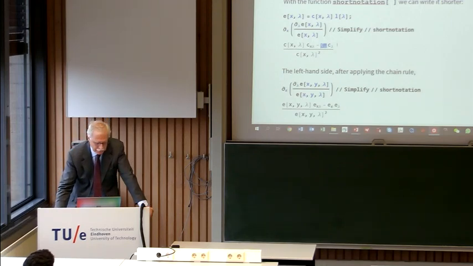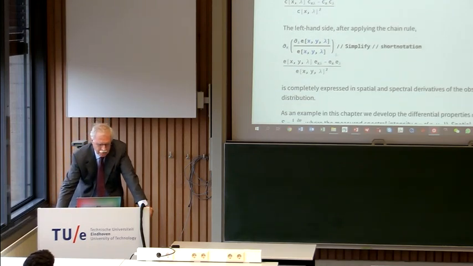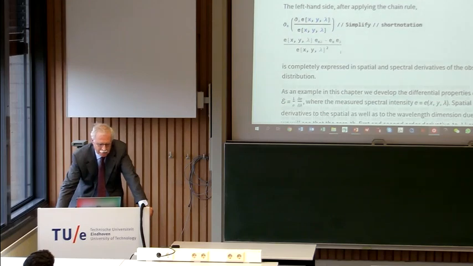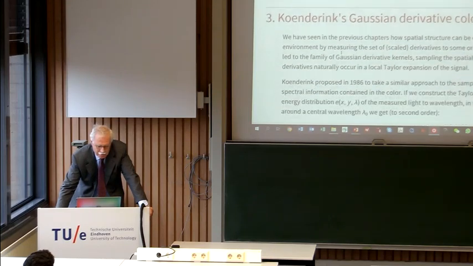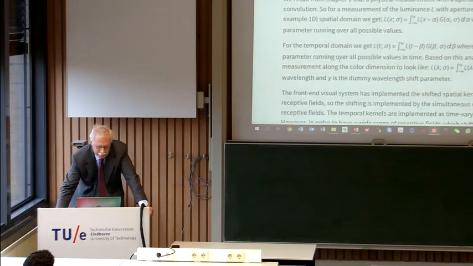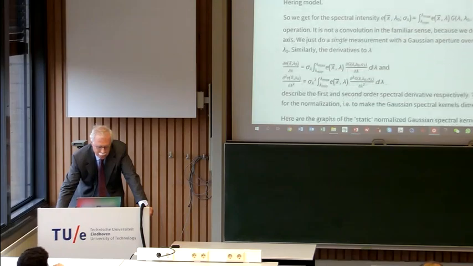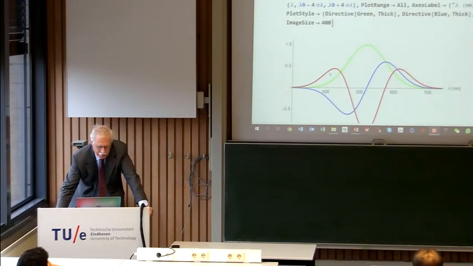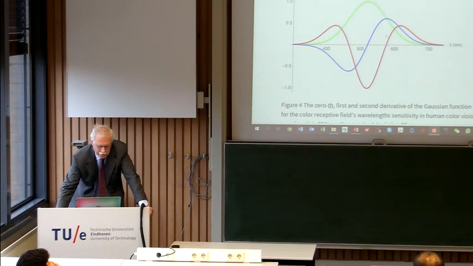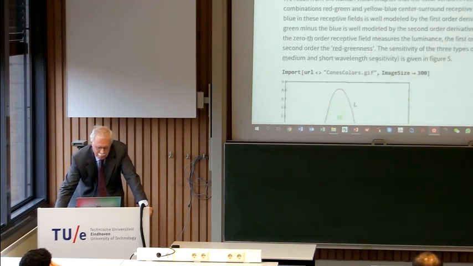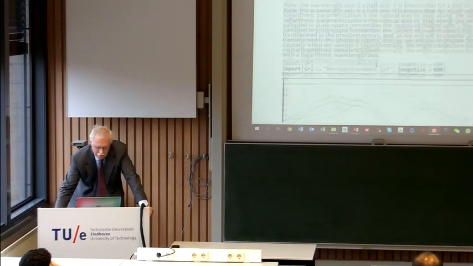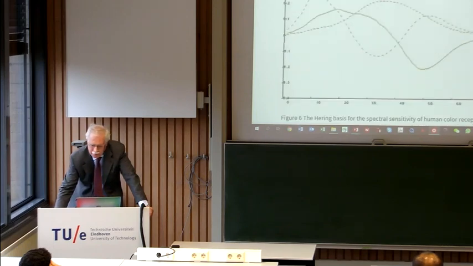But how can we find this c lambda? This is Koendering's derivative model. He shows that in the... Here we have it. So we have all these three derivatives, 55 nanometer scale. Okay, let's go on faster.